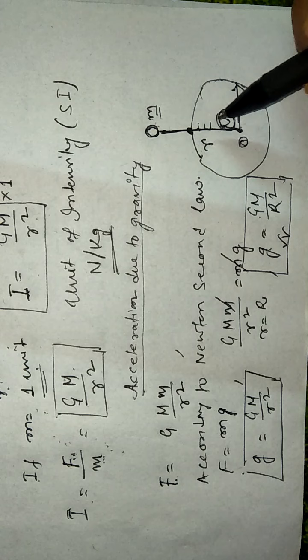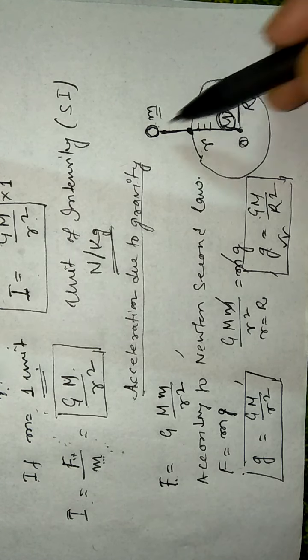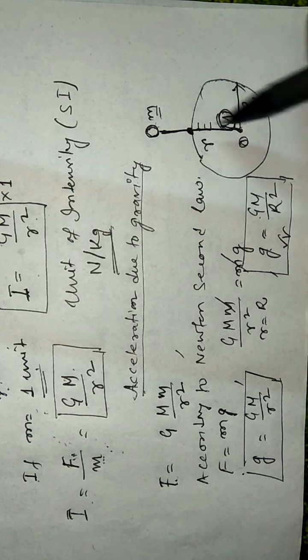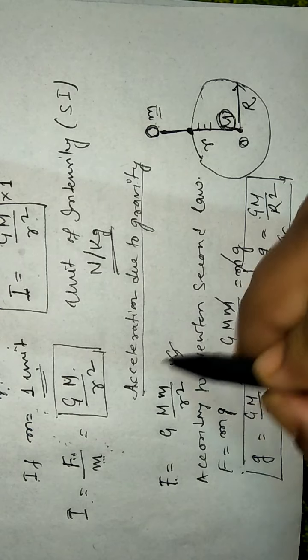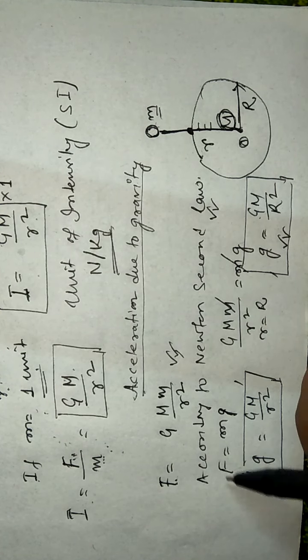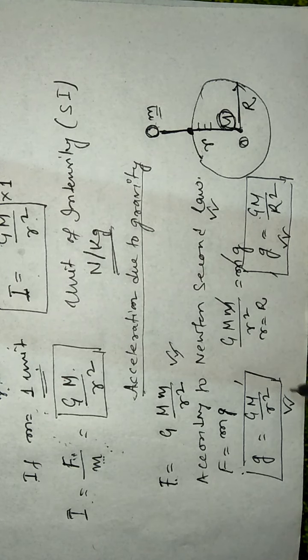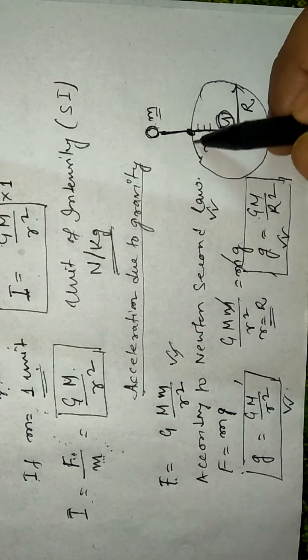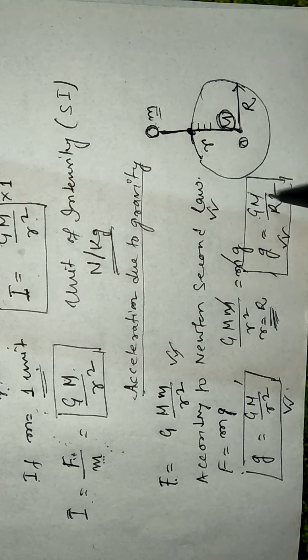The force of attraction is given by Newton's law of gravitation, and from Newton's second law, F equals mg. If you compare these two equations, we get g equals GM divided by r squared. If the body is placed on the surface of the earth, then small r equals capital R, and g equals GM divided by R squared. So this is the value of acceleration due to gravity.